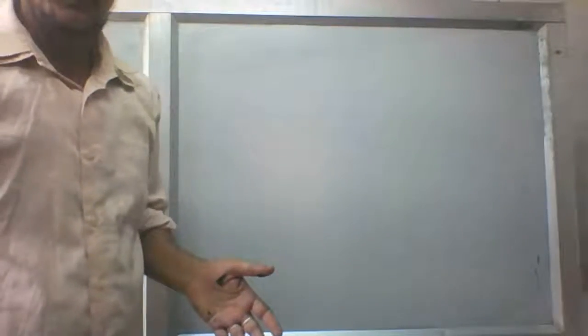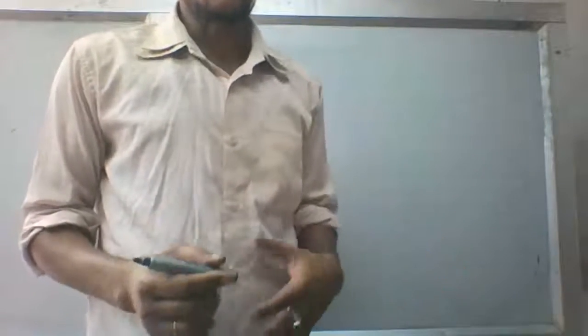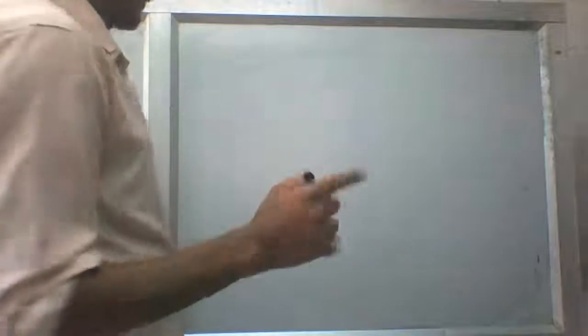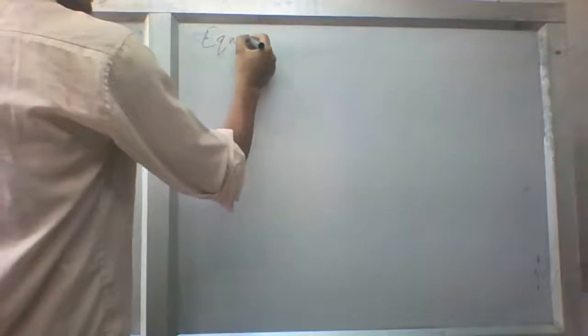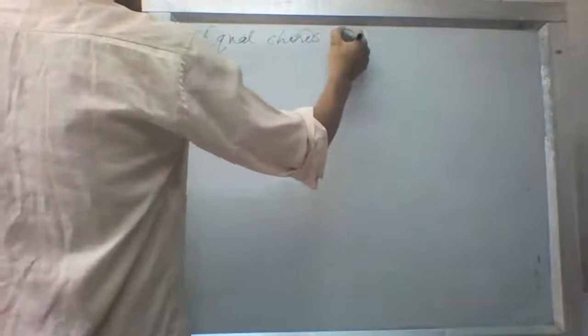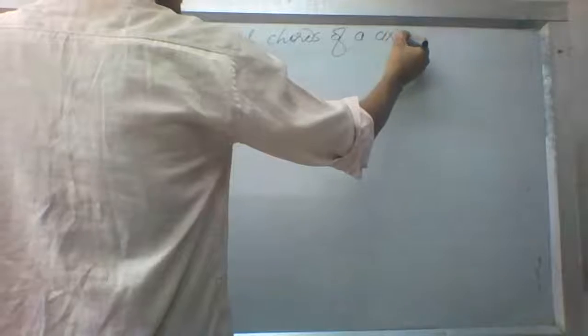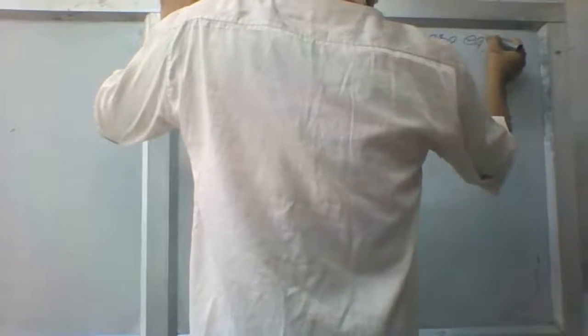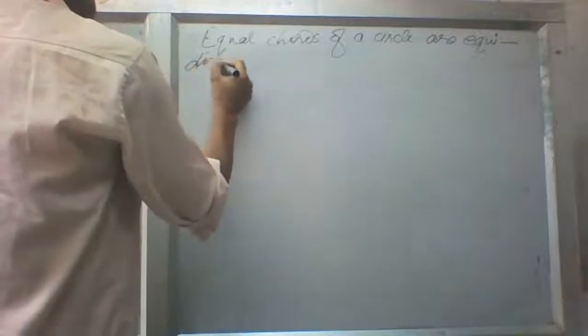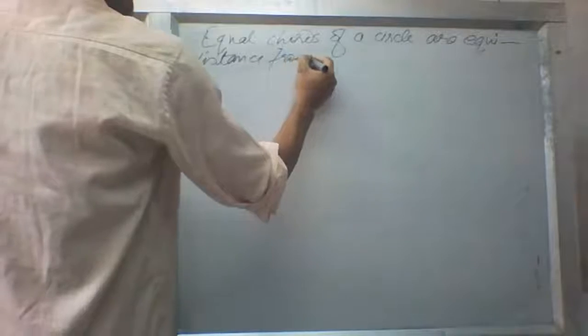Now, what happens? The theorem is: equal chords of a circle, of one circle, are equidistant from the center.